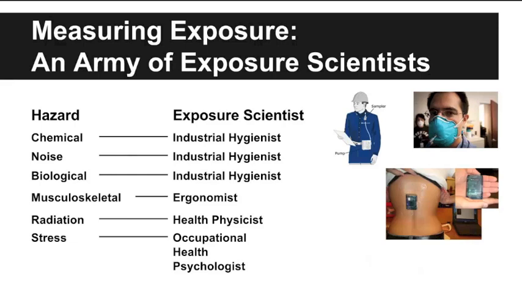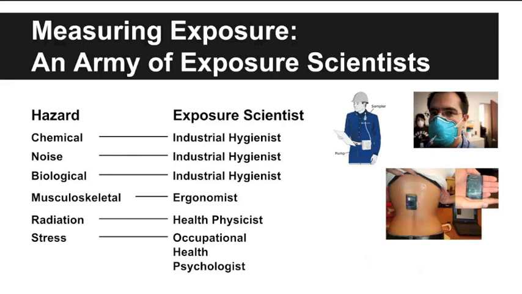Pictured here on the right are a few of the tools that these exposure scientists use. The worker in the blue coveralls and the hard hat is wearing an air sampling pump. The air pump draws air through this sampler, which contains a filter, and that filter, as air is drawn through it, captures chemicals or particles that the worker is breathing in. And so by analyzing that filter, industrial hygienists can make a very well-informed estimation not only of what that worker might be breathing in, but how much he is exposed to.